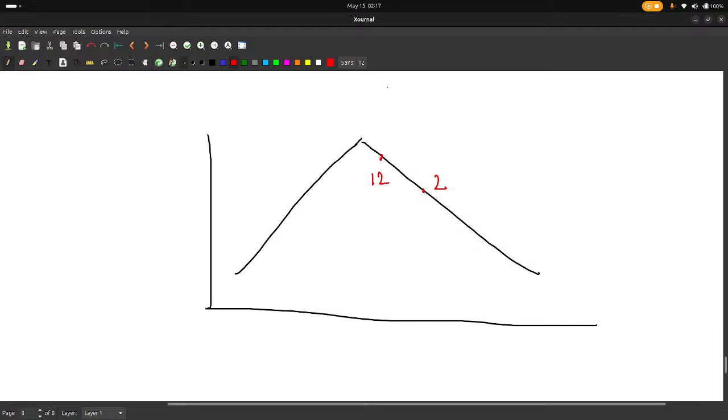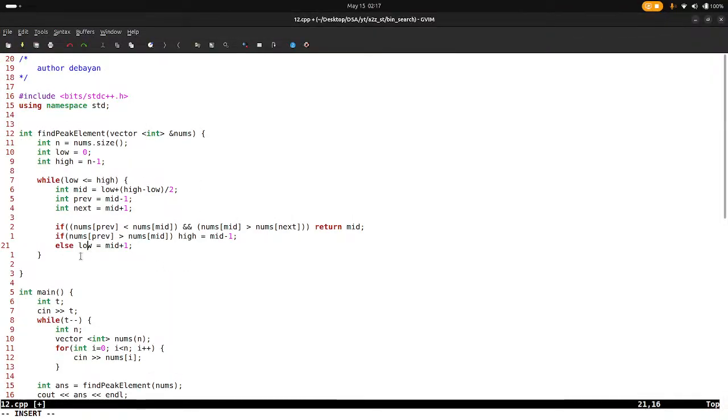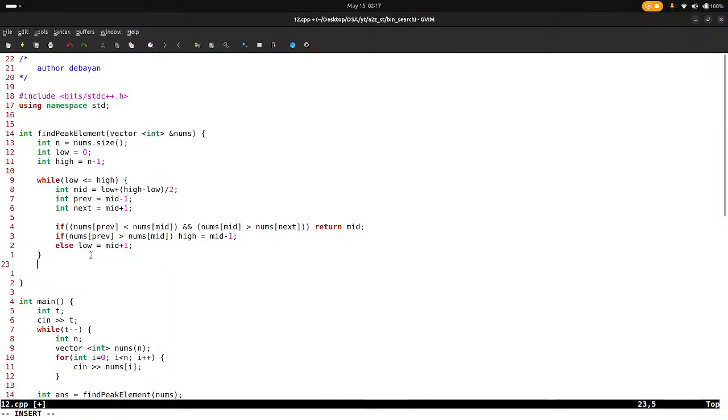There can be something before 12. There is a possibility that before 12 I can get my peak element, because here I cannot get my peak element, so I should go to the left part. So this is the main funda. And if it doesn't exist, I should return minus 1.